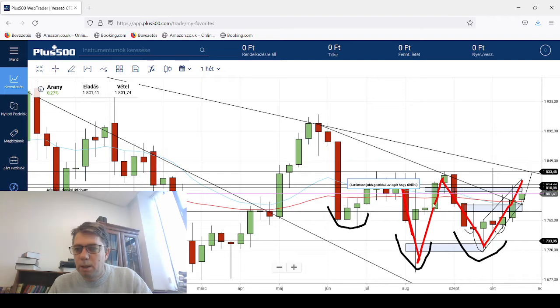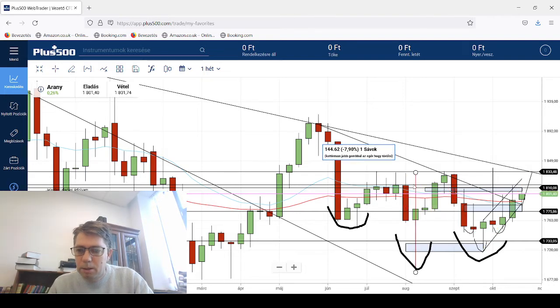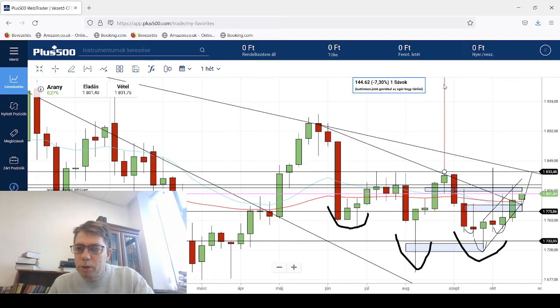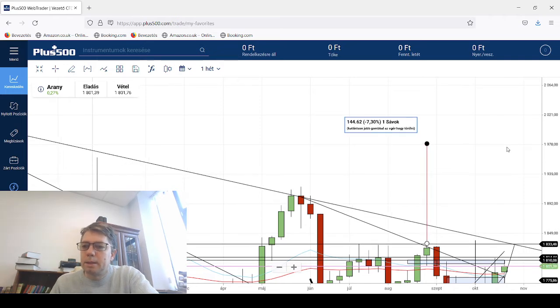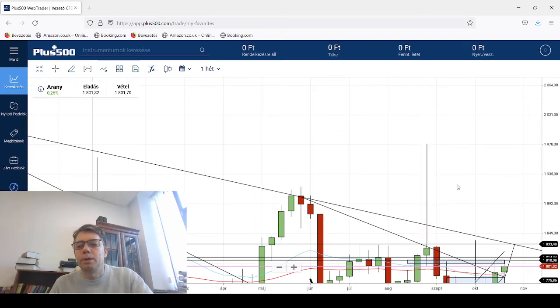Okay, maybe I need to delete this one, and then it's easier to find it. Here we go. Let me measure the price target. So once we break above 1833, then 1978, 1980, something like that is a very reasonable price target.